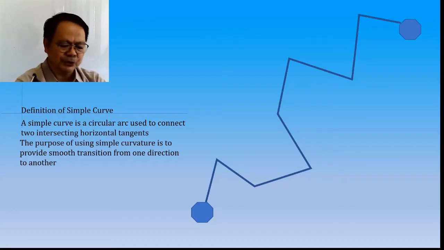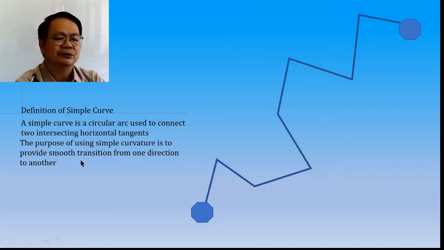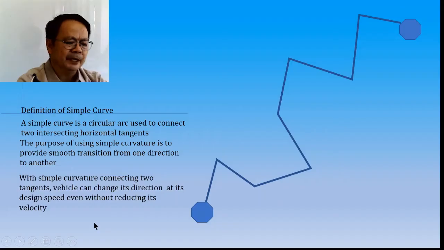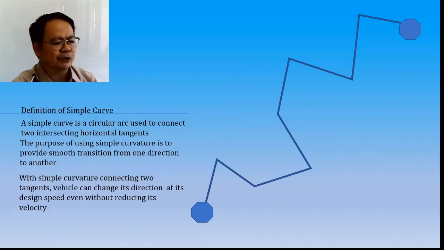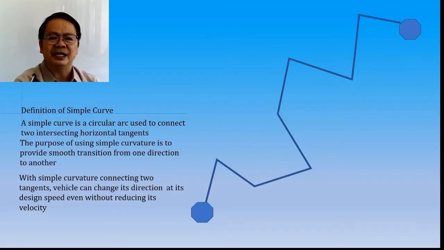Kaya simple curvatures are used in order for us to provide smooth transition from one direction to another. And basically, with simple curvature connecting two tangents, a vehicle can change its direction at its design speed, even without reducing its velocity.